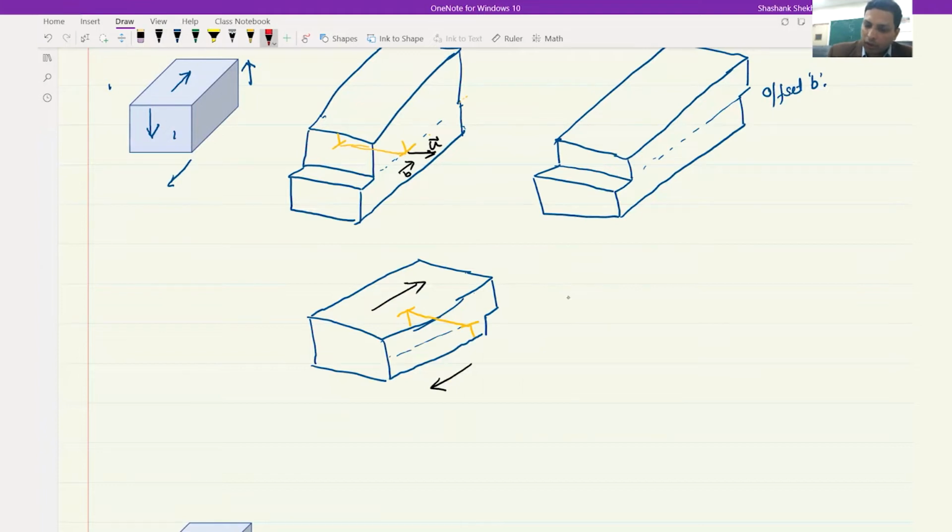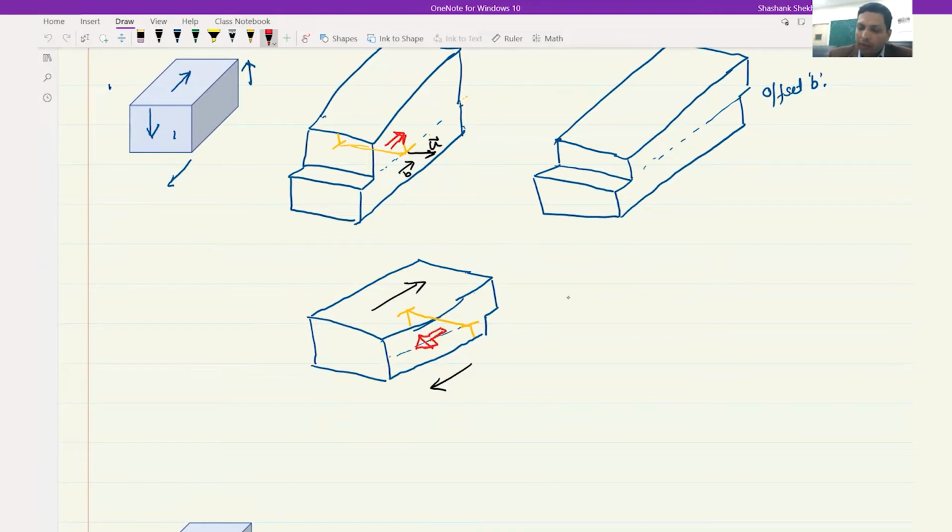So if the dislocation here was moving like this, this particular dislocation is moving in this direction, and the eventual shape of this block would also be like this.